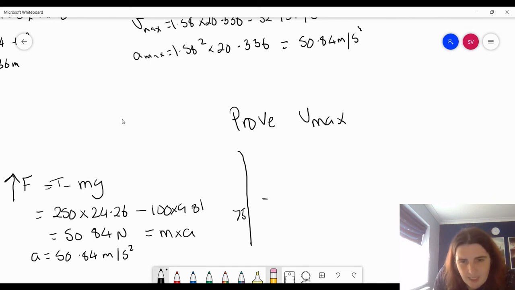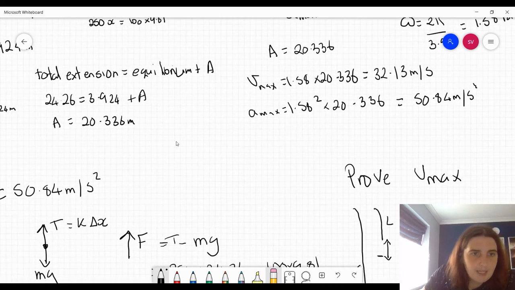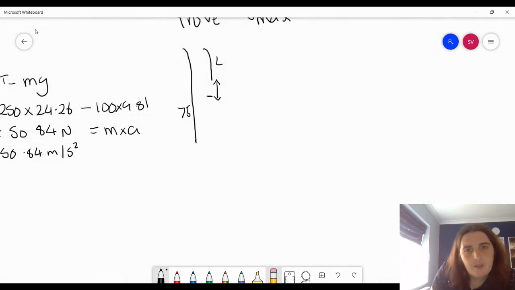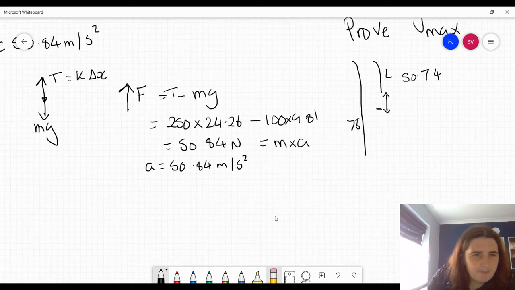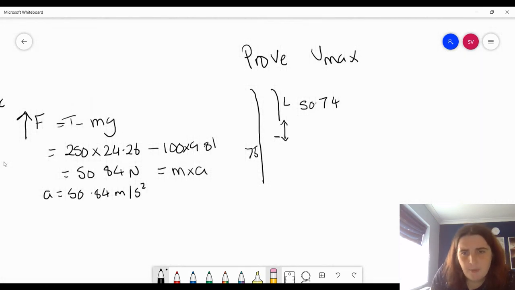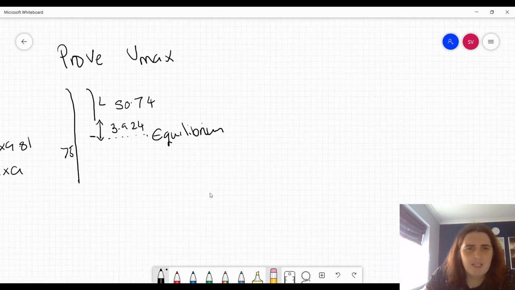Remember the maximum velocity is at the equilibrium point, and the length of my string is 50.74, and this is going to be 3.924 to the equilibrium. So this is the equilibrium. I'm proving v max with this.